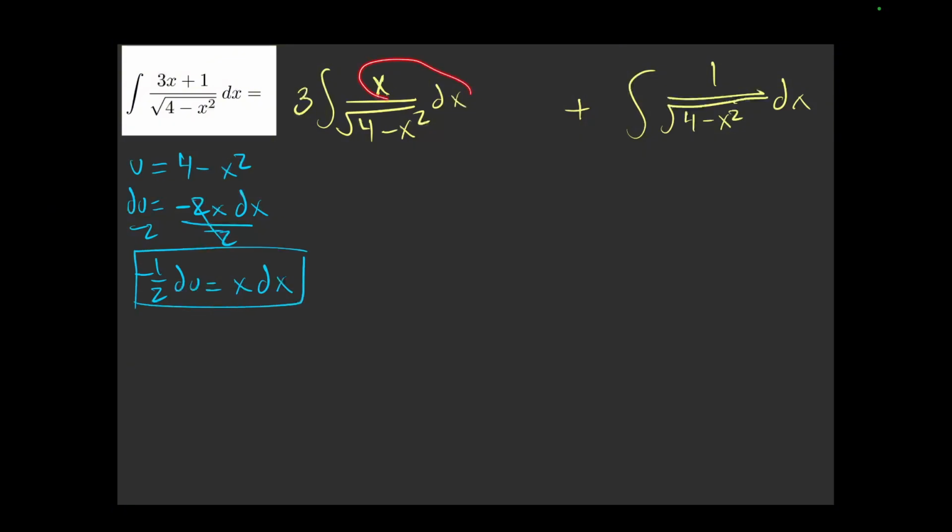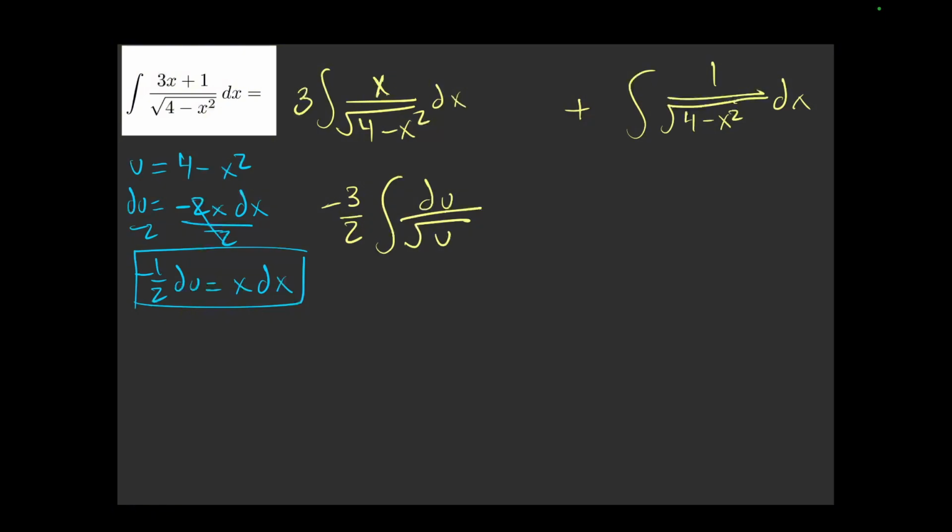And we already have x dx on top, which is right here. So we can start replacing the u and the du. So we have 3 times negative 1/2, which is basically negative 3/2, times the integral of x dx, which is du, all over the square root of 4 minus x squared, which is u.